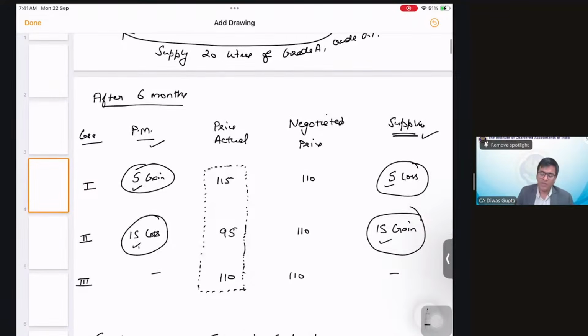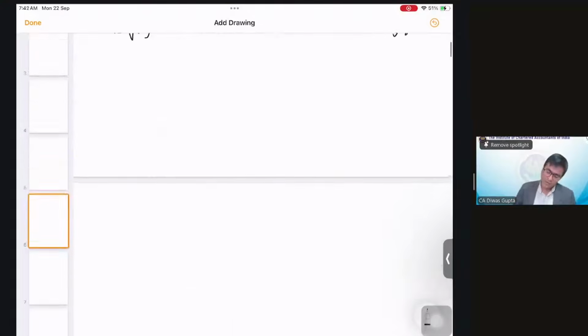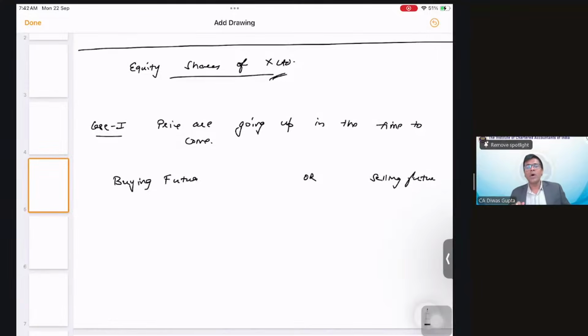Even for the forward, the procurement manager ended up buying the forward contract and the supplier ended up selling the forward contract. Clear, students? Now the question comes: in such a case, will you buy the future or sell the future if the price is going to go up, so that there is a benefit to you?